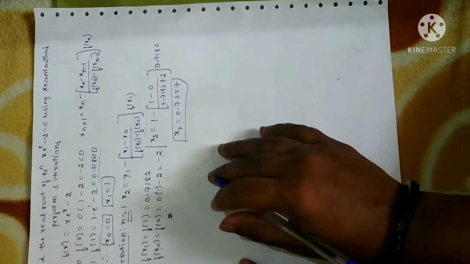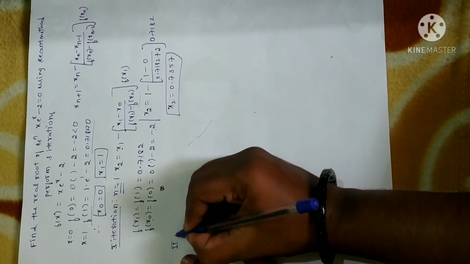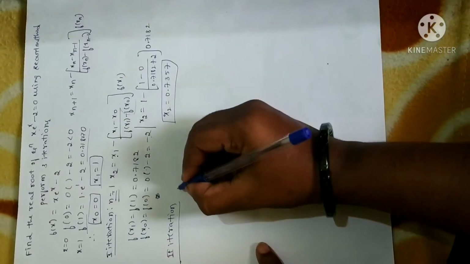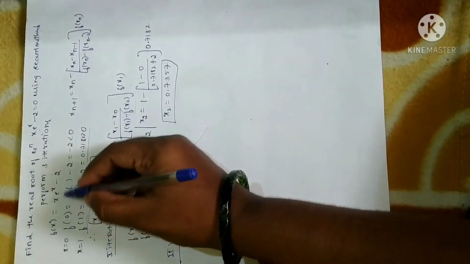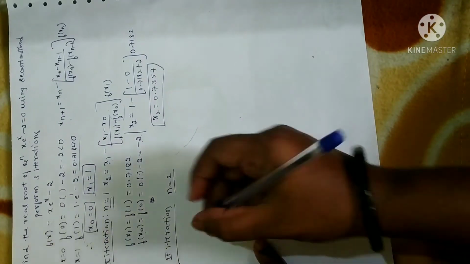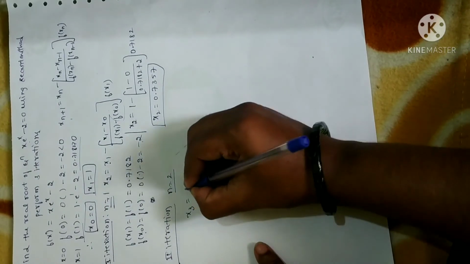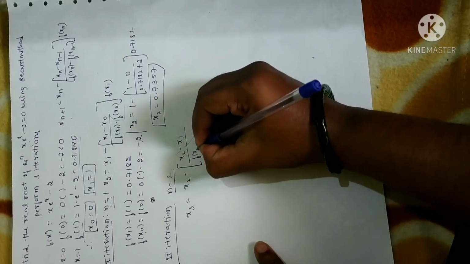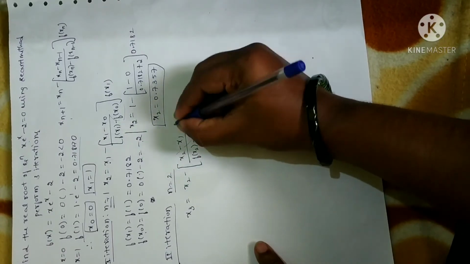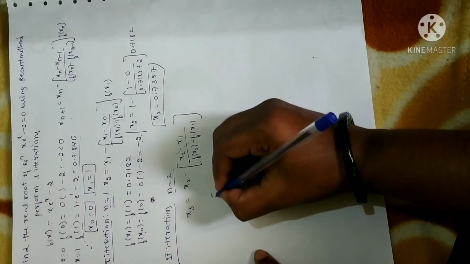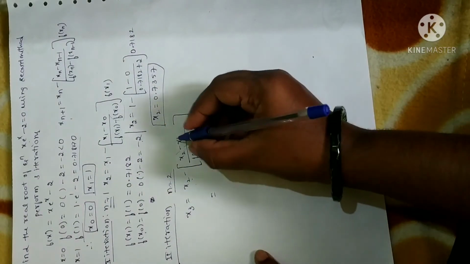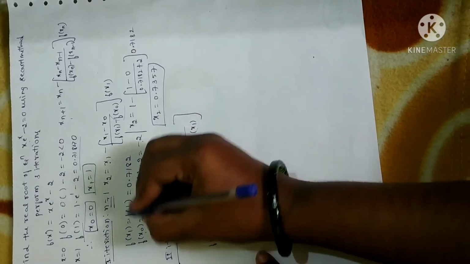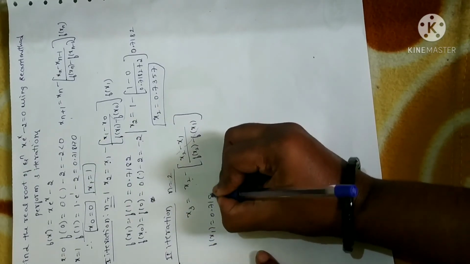Now for the second iteration, I have to give the value of n as 2. So replace n with 2 in the formula. You will get x3 is equal to x2 minus (x2 minus x1) divided by (f of x2 minus f of x1) into f of x2. Fine. Now let me replace x2 value we have and x1 value also we have. f of x1 is also known to us, 0.7182.